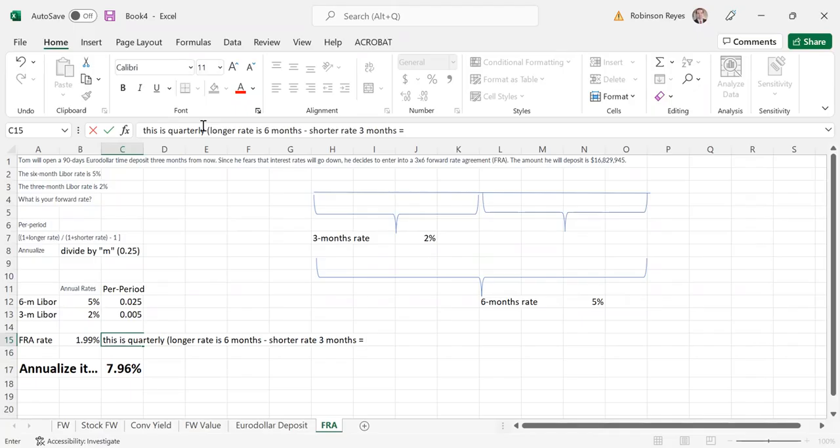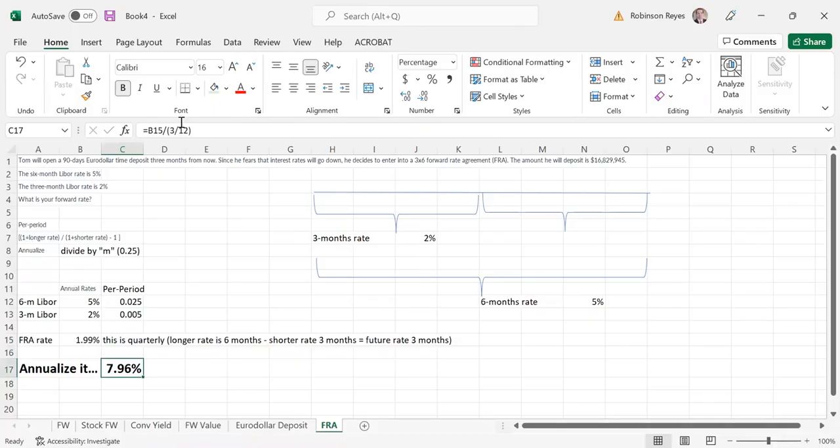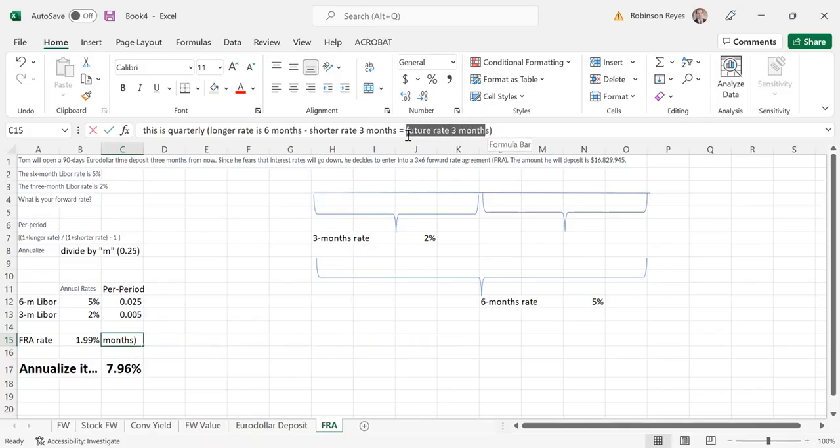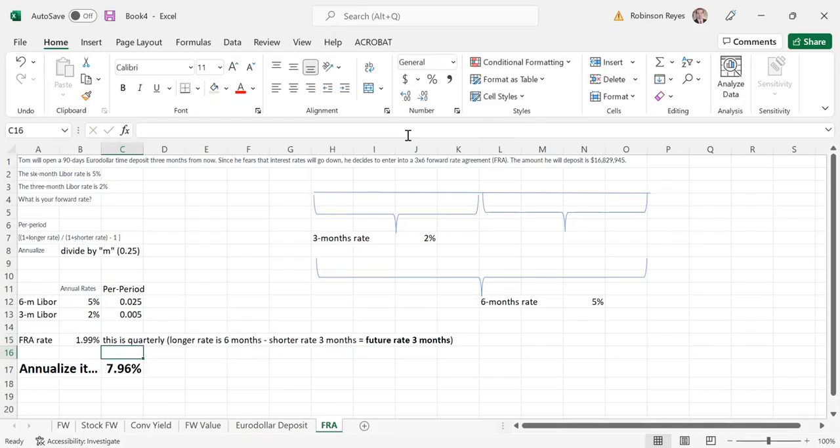Then we end up with this FRA, this future rate, which is 3 months, right? So that's why we are dividing by 0.25, because the solution here is given as a quarterly rate. That's what we see right here.